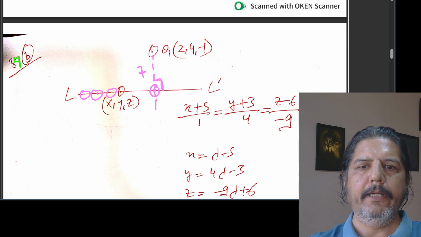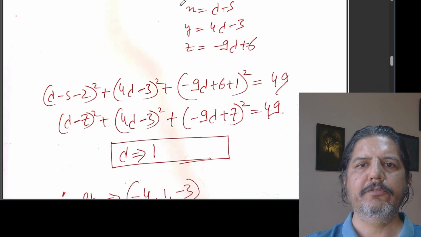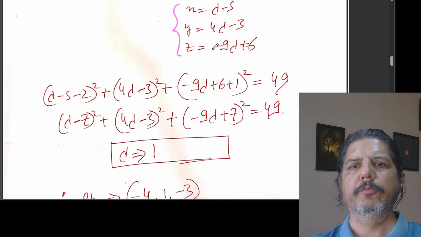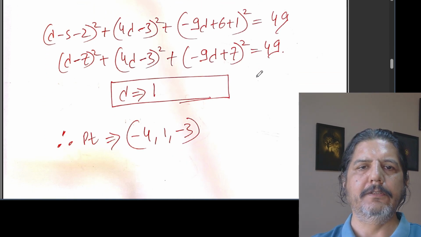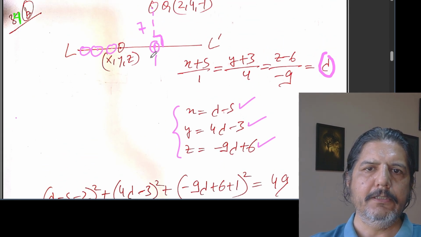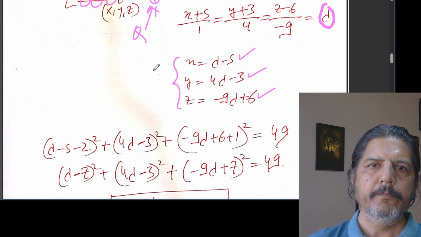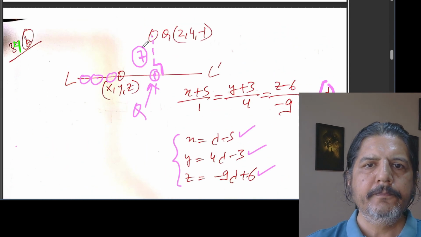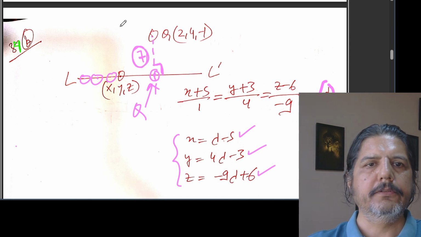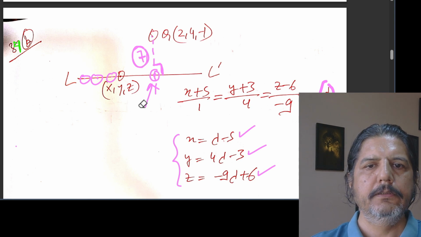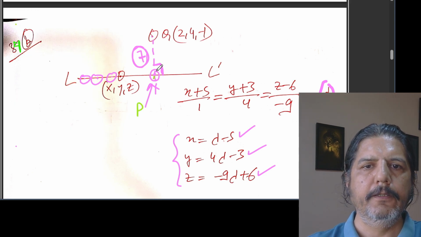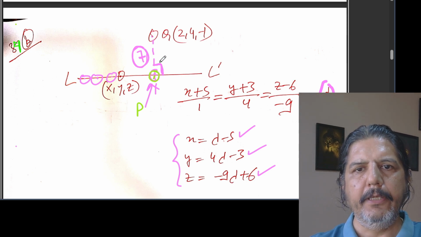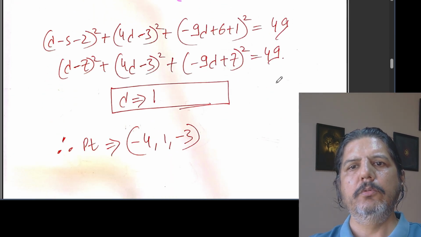So lambda, and then I calculate the value of x, y, z in terms of lambda. So x would be equal to lambda minus 5, y would be equal to 4 lambda minus 3, z would be equal to minus lambda plus 6. So I have found the value of x, y, z. Now, I know that the distance between the points P and Q is equal to 7.